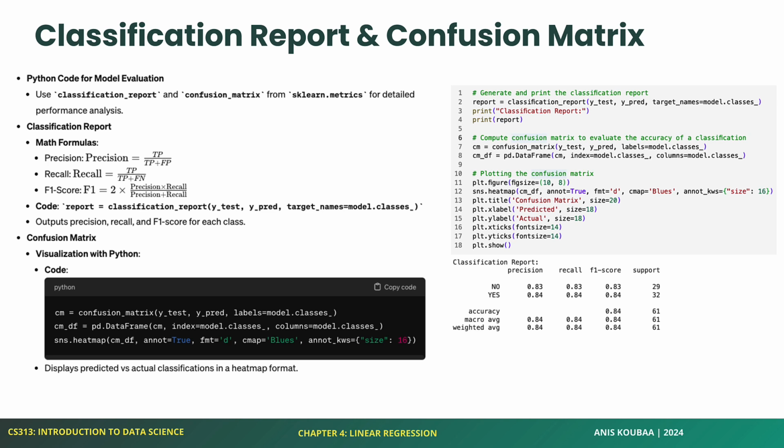And also, we can observe that there is no bias between the no and the yes. I mean, all the performance metrics are almost equal for all of them. So the data set is kind of balanced, and we have a fair distribution between the classification and misclassification between yes and no classes.